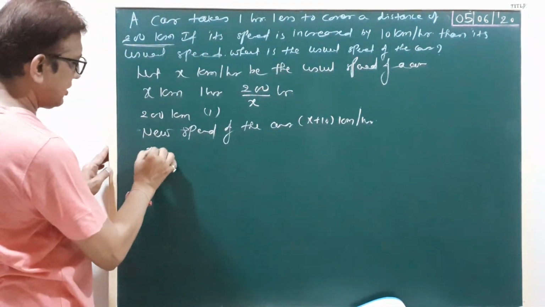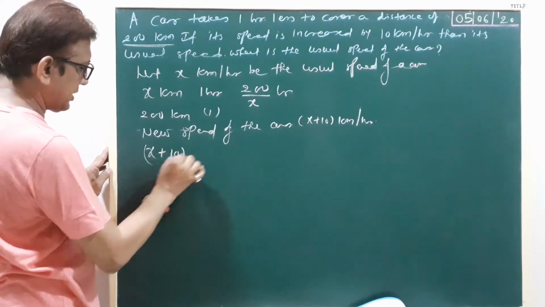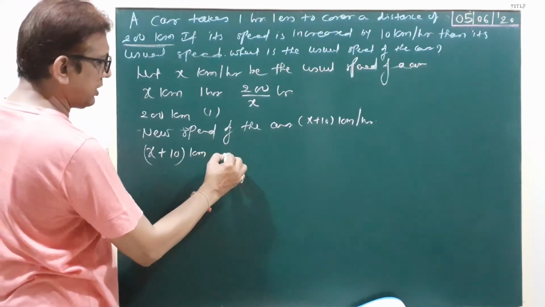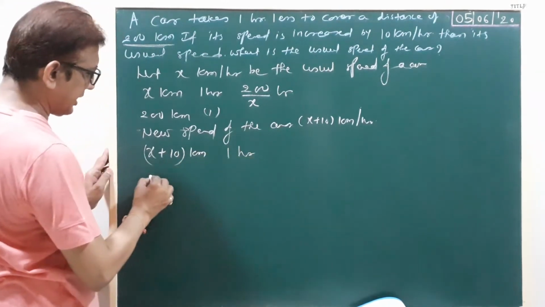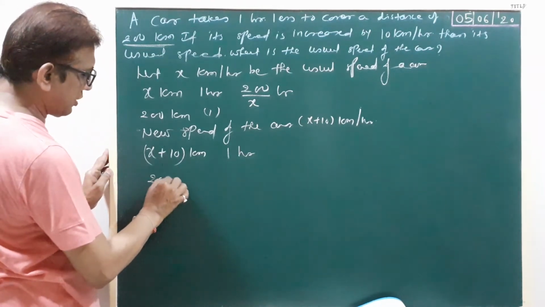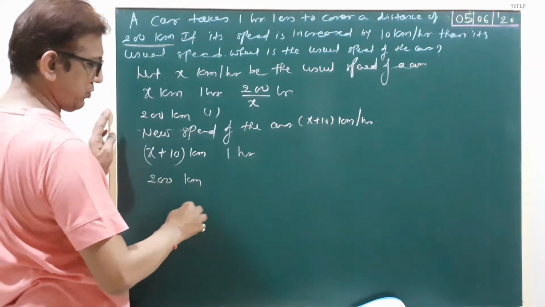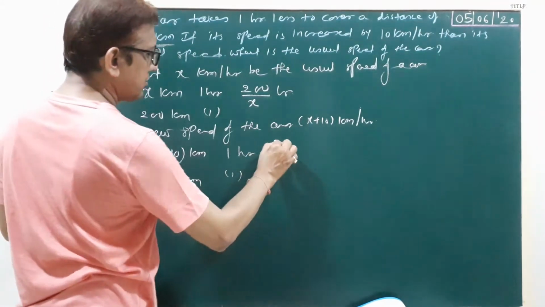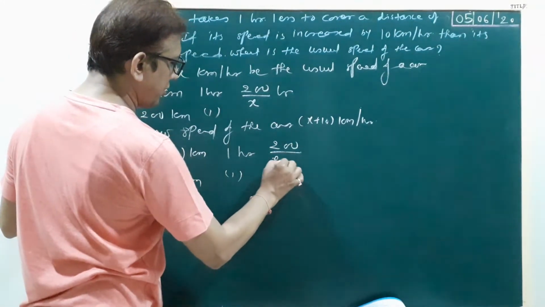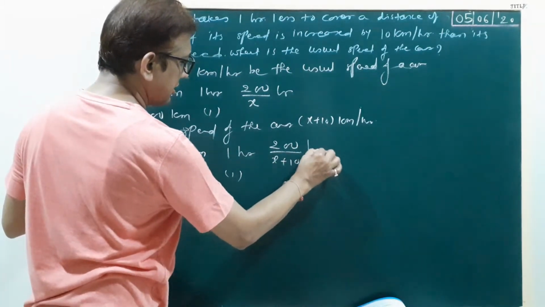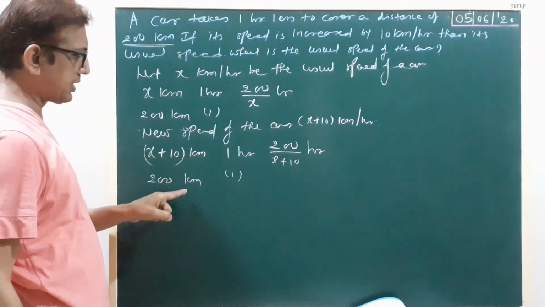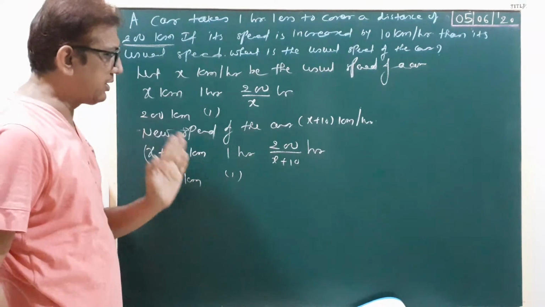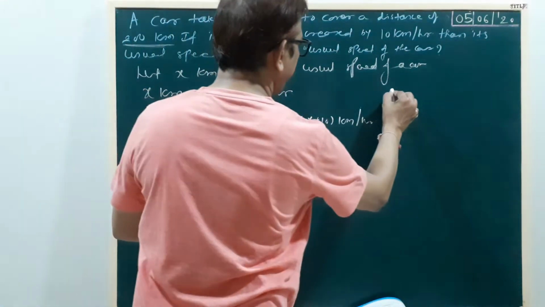Again write here, x plus 10 kilometer equal to 1 hour, and 200 kilometer equal to question mark. So 200 upon x plus 10 hour. Kilometer cancels, hour is the unit. Right? Now compare these two results.